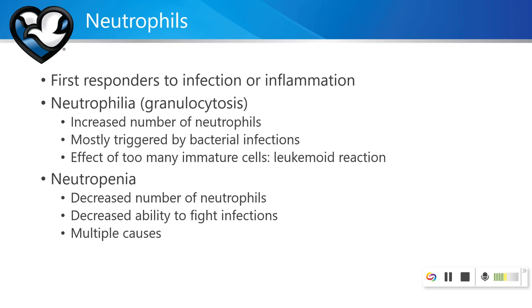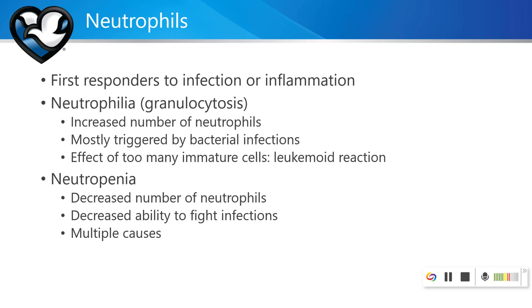Neutrophils are usually the first ones on the scene of an infection or inflammation, and neutrophilia is an increased number of neutrophils. Bacterial infections are typically what trigger neutrophil release, but some viruses and fungi can stimulate this process as well. Neutropenia is a decrease in circulating neutrophils, and causes of neutropenia may include infection and inflammation.